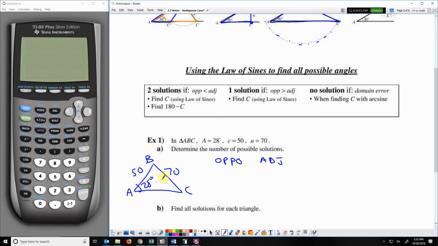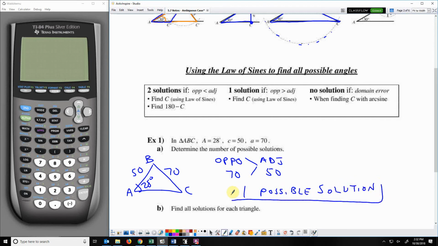So from this angle, opposite is 70, the adjacent is 50, so the opposite is greater than the adjacent. When opposite is greater than the adjacent, that tells me there is one possible solution. If opposite is less than adjacent, there's two possible solutions.